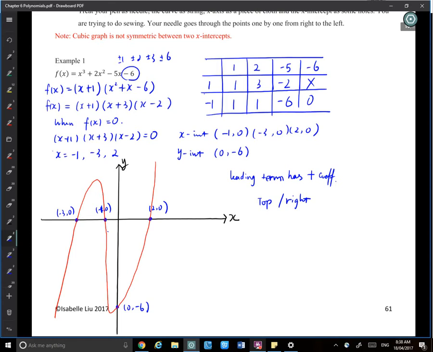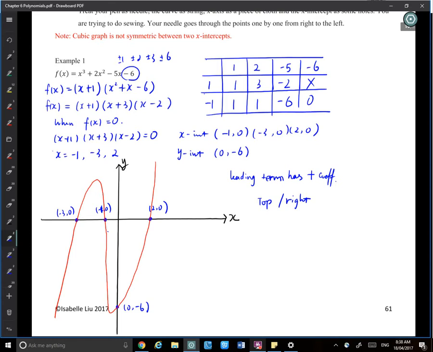And I can label 3 points on the x-axis. Then we can find the y-intercept, using the general equation here: when x equals 0, y equals minus 6. So we have minus 6 here. The next thing we need to think about is whether we should start to graph from the right top or right bottom.